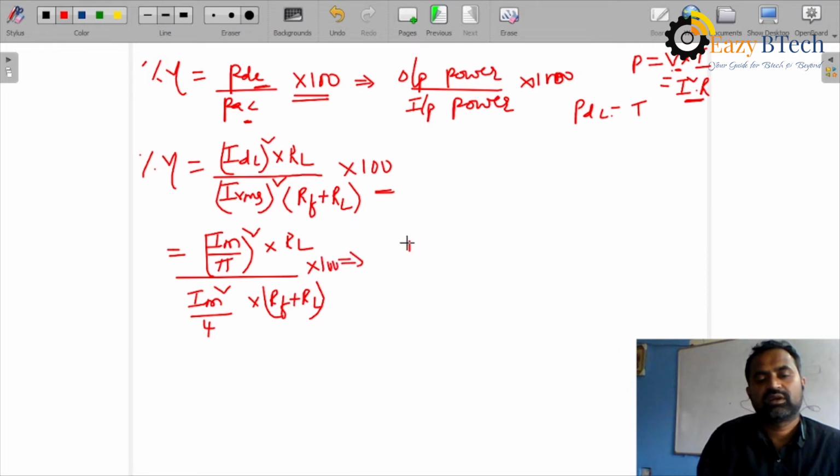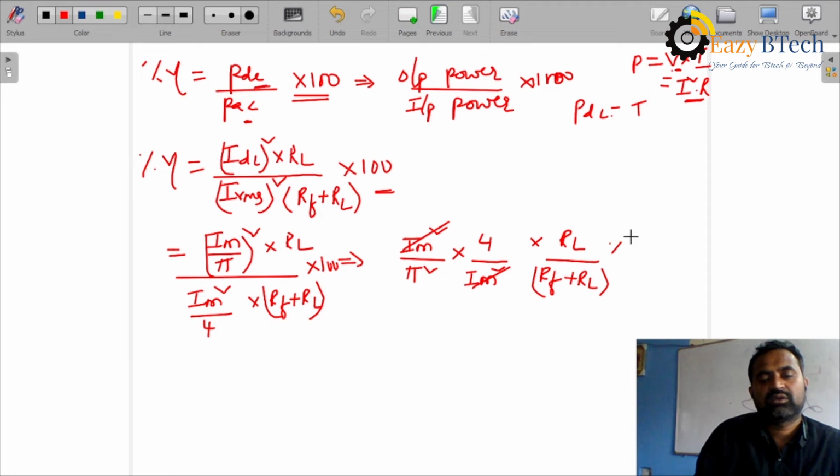This we will write Im square by pi square into 4 by Im square. Im square will get cancelled, into RL by RF plus RL into 100.